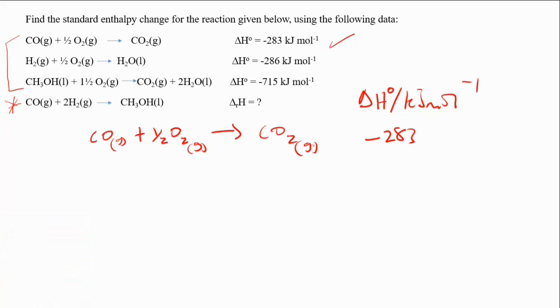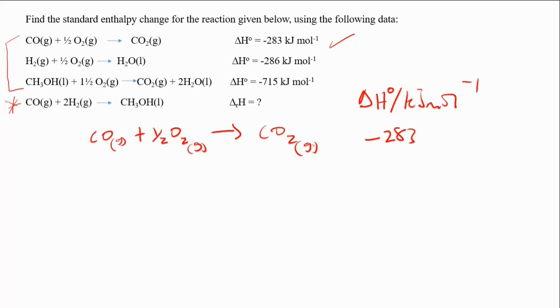We're making some progress. Now let's look at the main equation again, or the unknown equation. That's what I keep calling the main equation. Well, in this, we see that we also have hydrogen gas. Look in the other equations at the top. One of them has hydrogen gas. Okay, good. Is it on the correct side? Reactant side, that is.